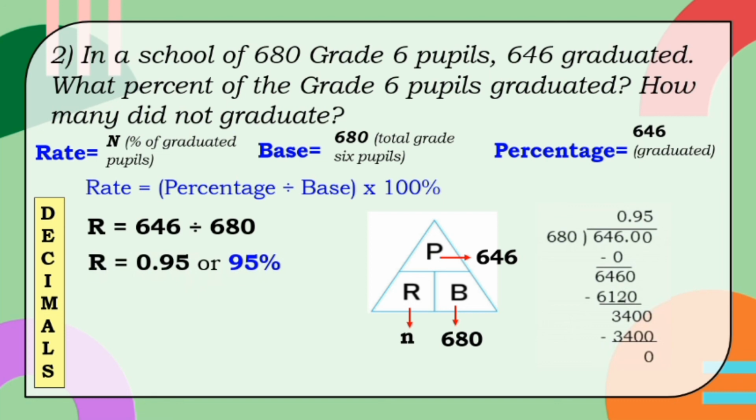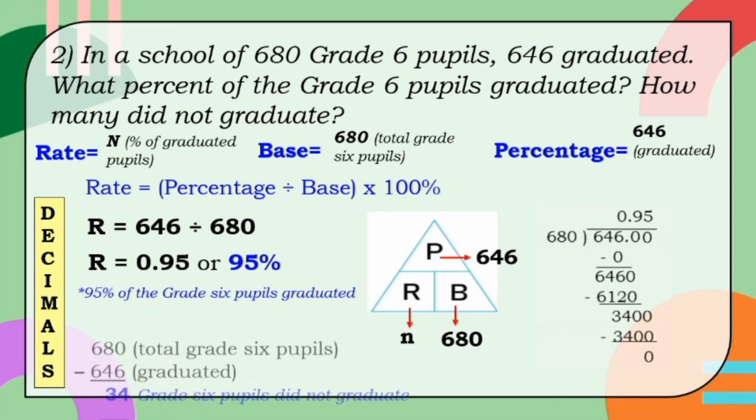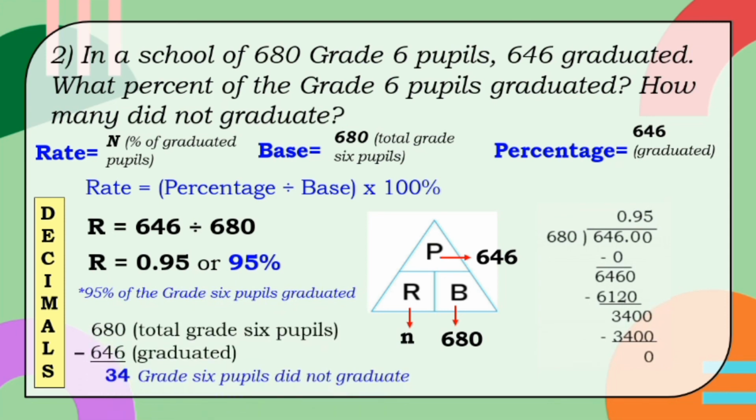Therefore, rate is 95%. 95% of the grade 6 pupils graduated. The next question is, how many did not graduate? 680 total grade 6 pupils minus 646 graduated. The difference is 34 grade 6 pupils did not graduate.